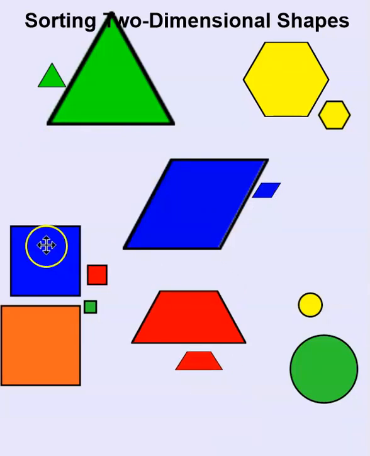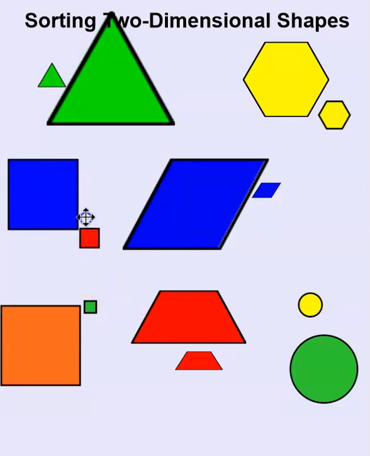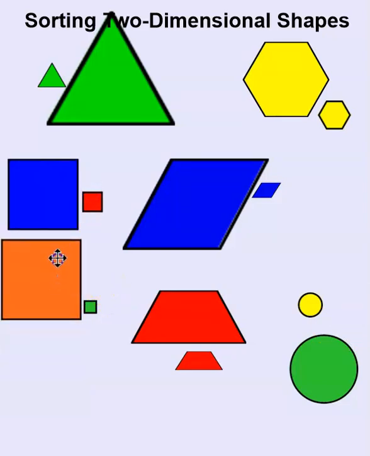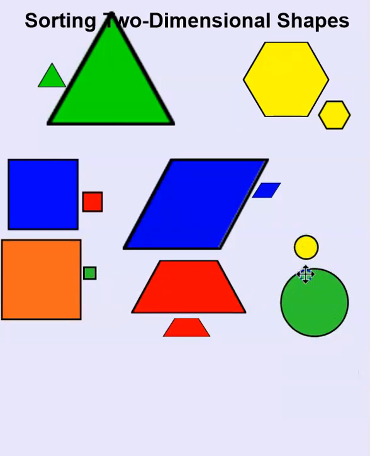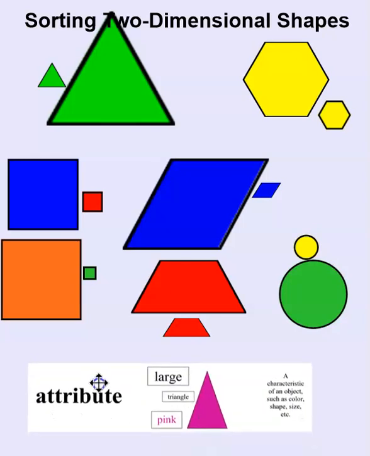Now, when we talk about shapes, we also think about their attributes. What is an attribute? We're going to be talking about attributes throughout this lesson and this week. So let's think about what an attribute is. So we sorted by their color, their size, and their shape.